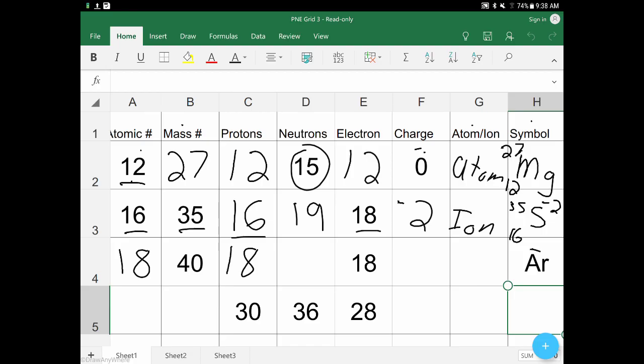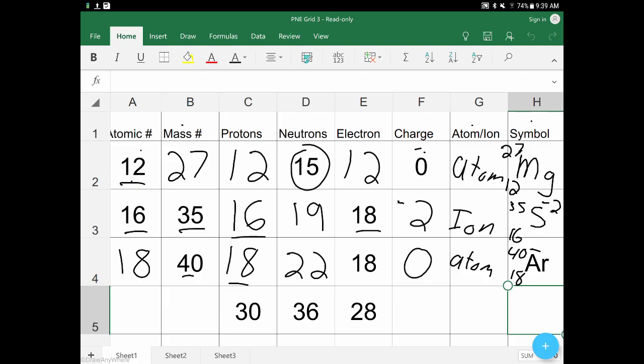And to get the neutrons, we take 40 minus 18, which is 22. It has 18 electrons as well, which means it has a neutral charge, or 0, which means it is an atom. And on the bottom left, we're going to put the atomic number. Top left, we're going to put the mass number, and it doesn't have a charge, so we're not going to put that.